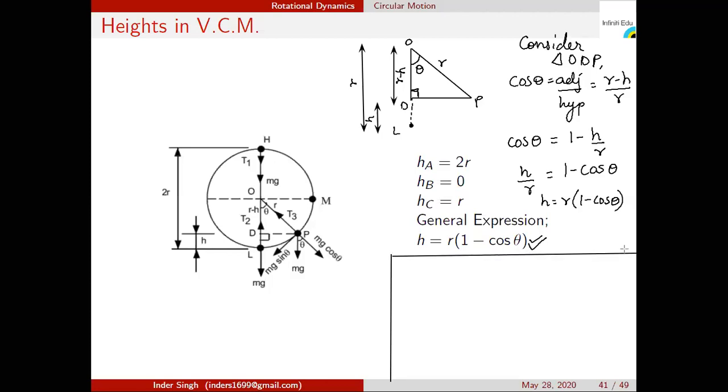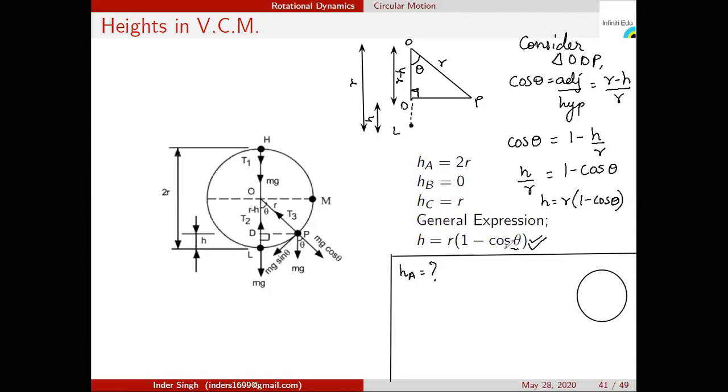So we'll consider first the top position, suppose. What is the value of HA, according to this formula? In this formula the variable is cos theta, because r is a constant.